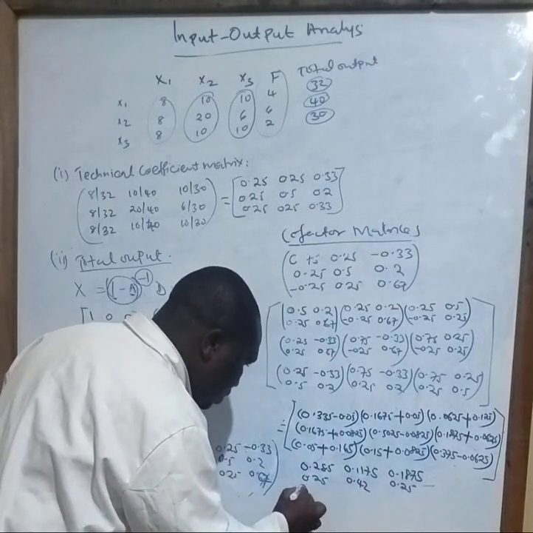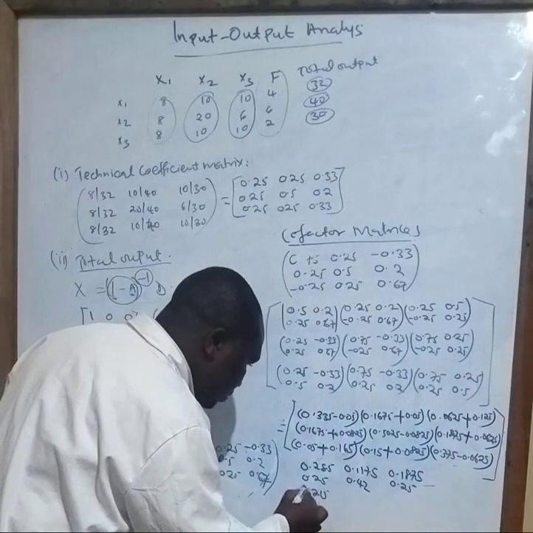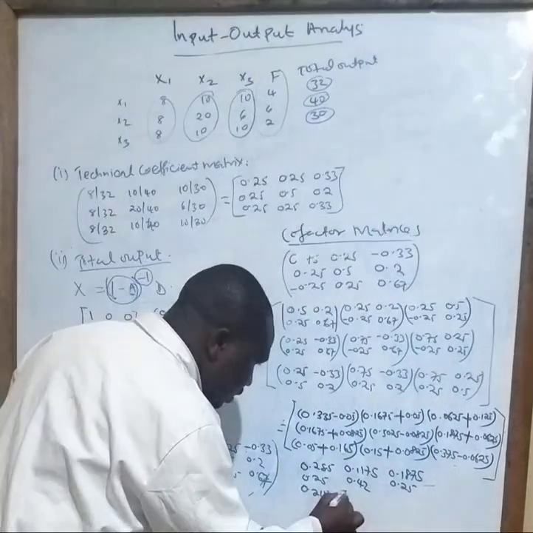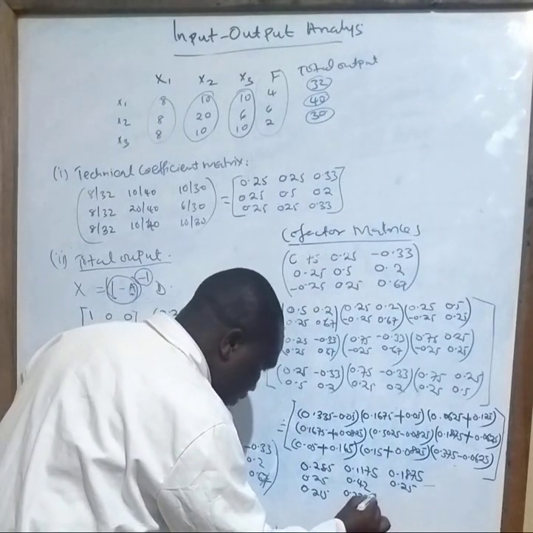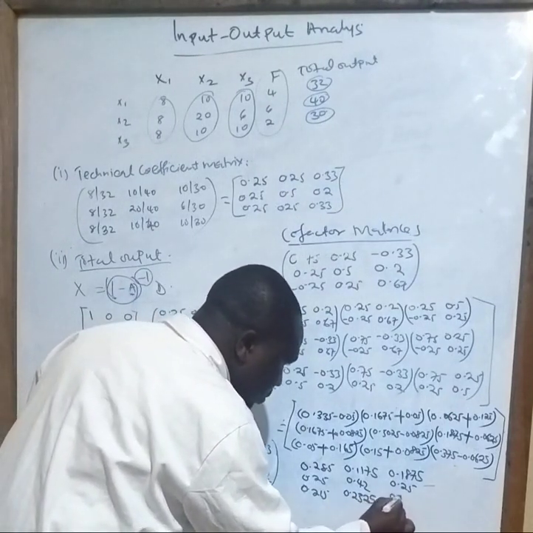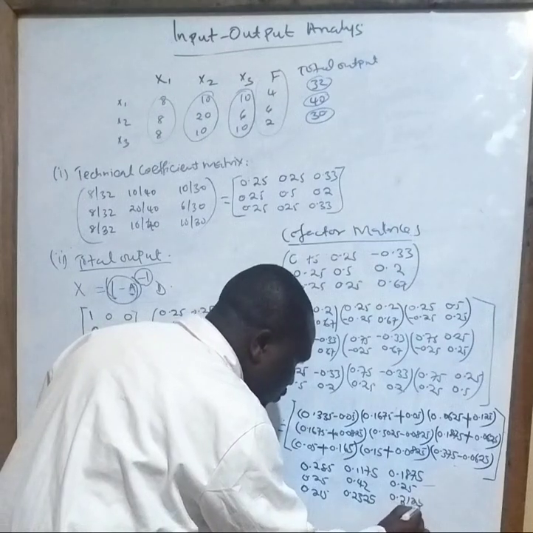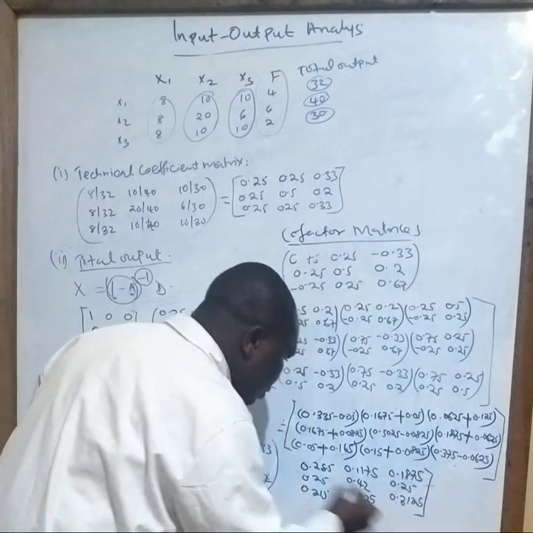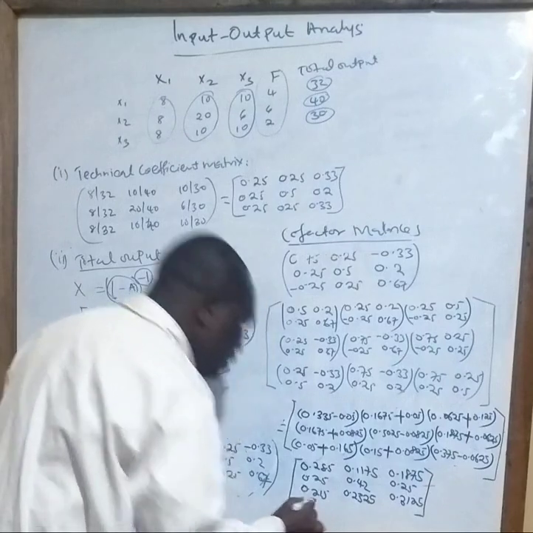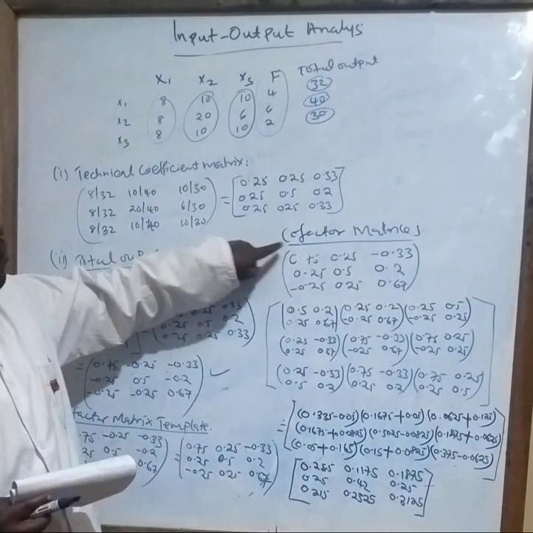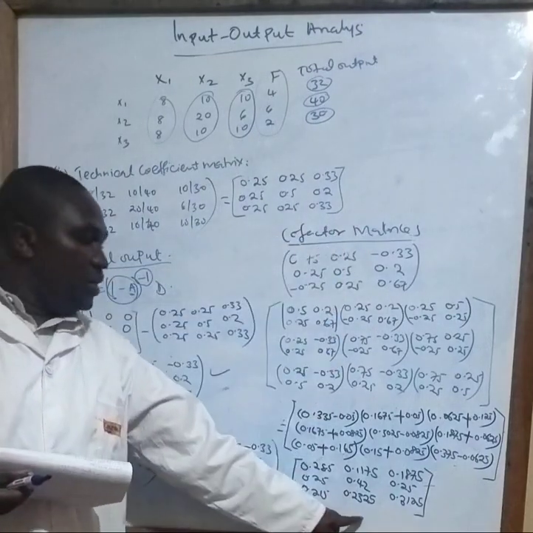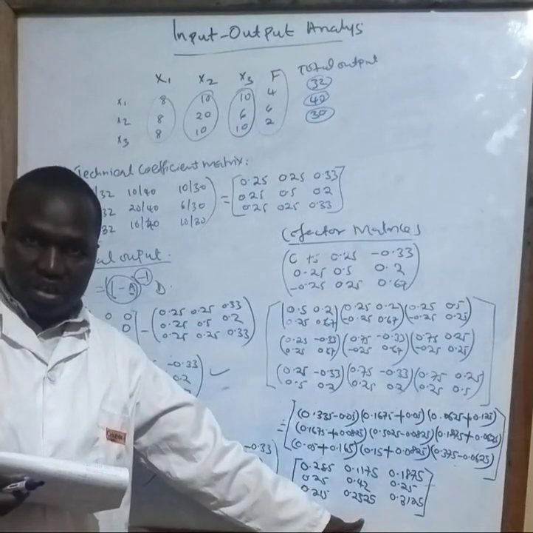The final is 0.215, 0.2325, and finally 0.3125. So therefore, our correct cofactor matrix, this is the final part of it.